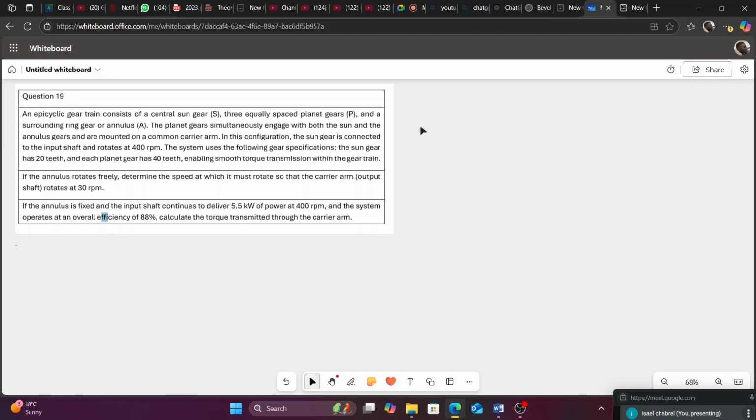If the annulus rotates freely, determine the speed at which it must rotate so that the carrier arm output is this. Now, they say if the annulus is fixed and the input shaft continues to deliver the power of this and that, and the system operates in overlay, calculate the torque transmitted through the carrier arm.